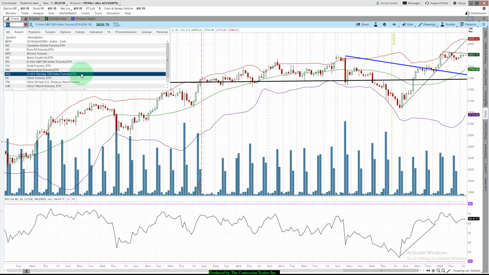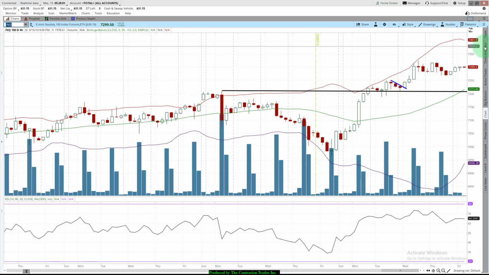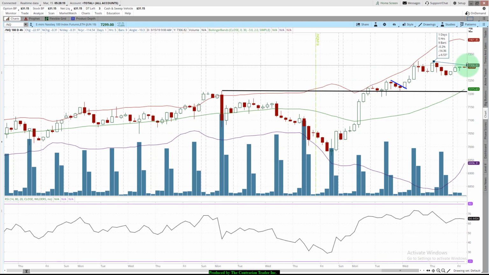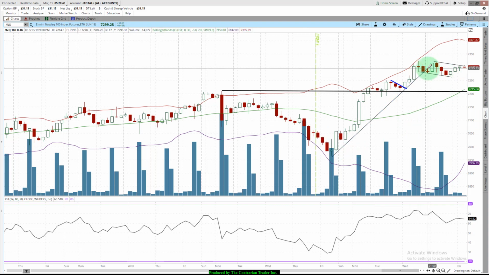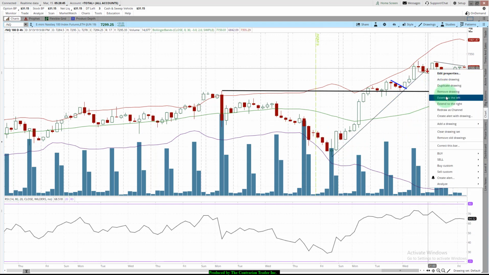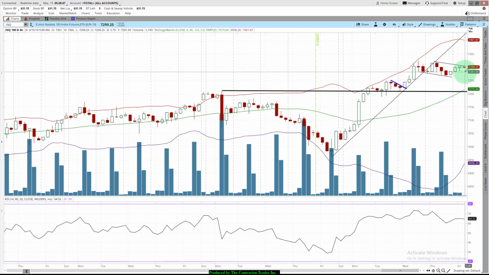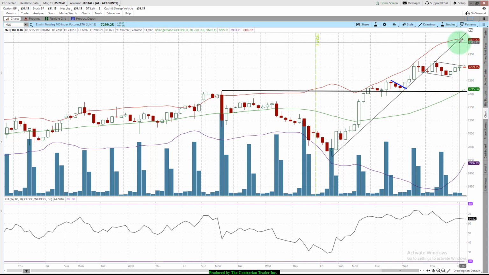Let's talk about the NASDAQ. The NASDAQ up strong this morning, up 32 points. And we are definitely flirting with a breakout here. Nice bull flag setup. This is a continuation breakout pattern. If we rally through resistance, we could rally all the way up to 74.01 on the NASDAQ.